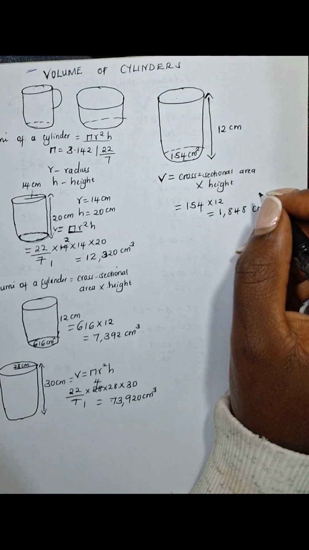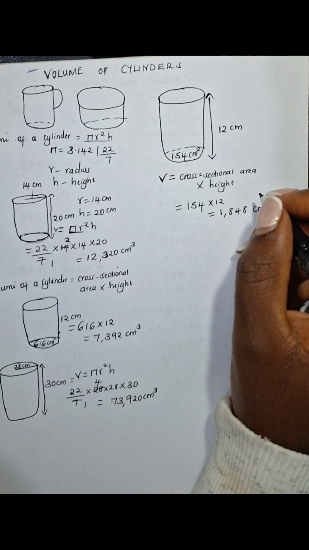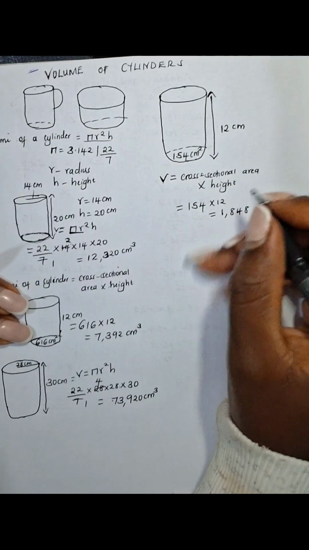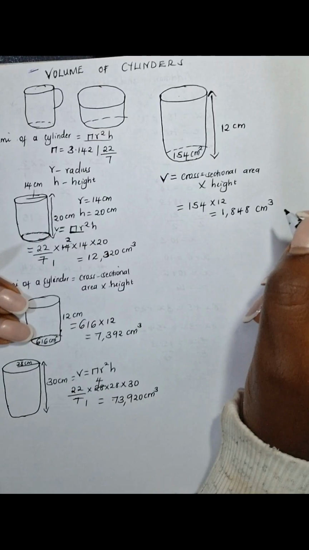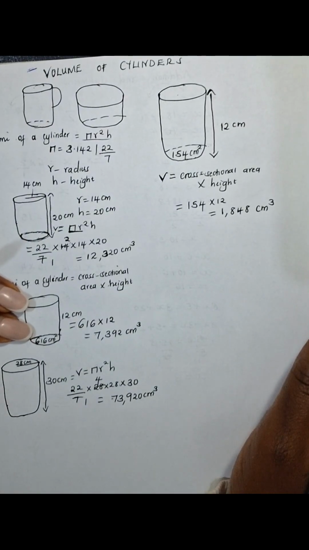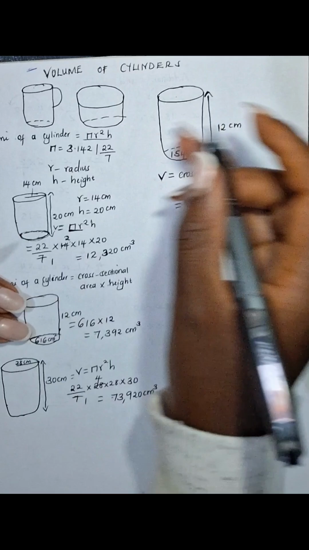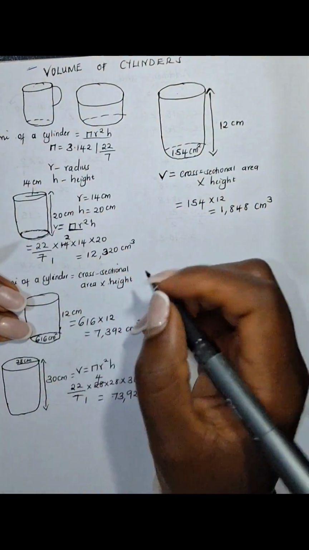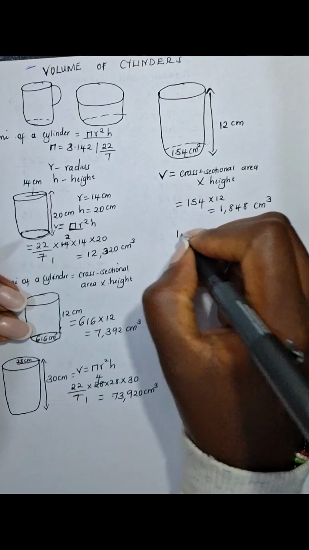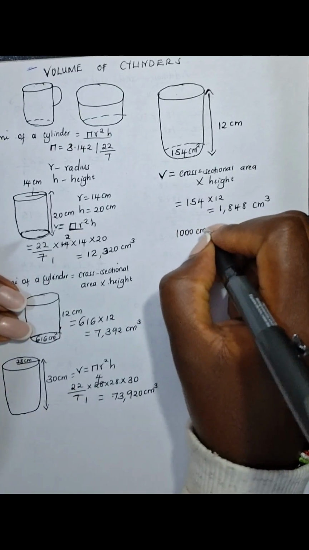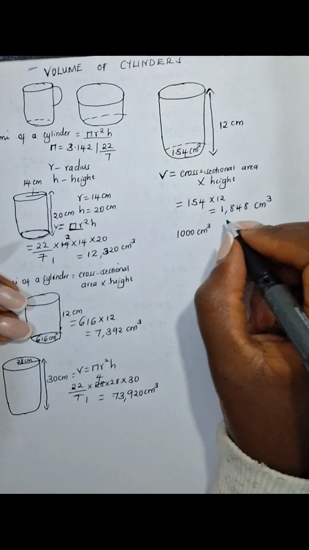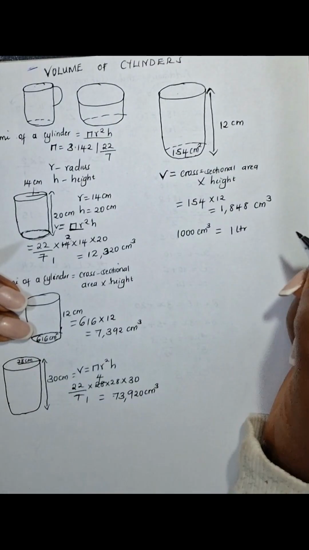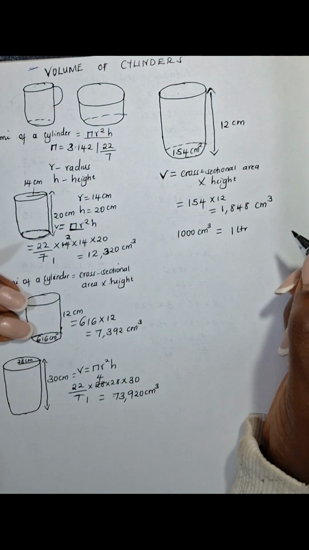Now, you can have a situation where you're supposed to find how many liters of liquid the container can hold. So let me teach you this concept a little bit fast. 1,000 centimeters cubic equals 1 liter. Okay? Do you understand?